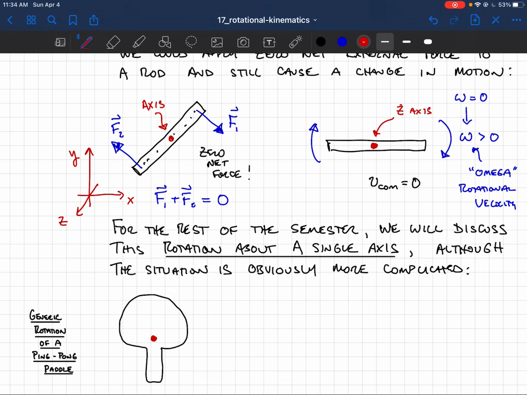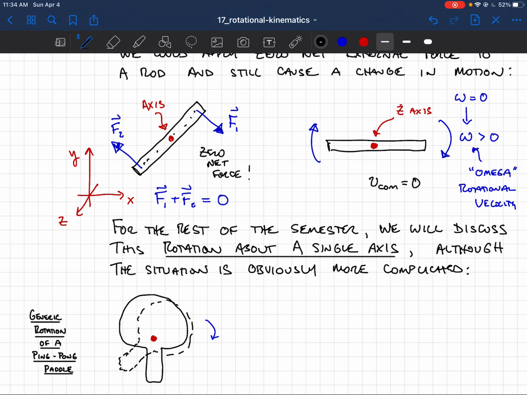So I could choose this as my axis and then say, okay, I'm going to rotate it about this axis. So at some later moment, it might look like that. So I can rotate the ping pong paddle about that axis.